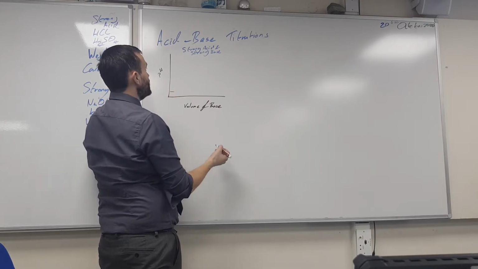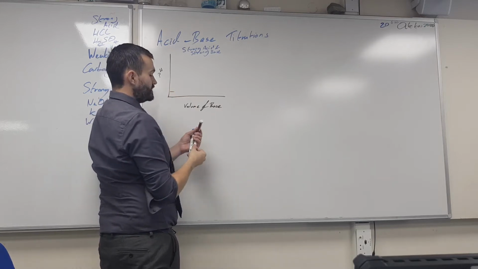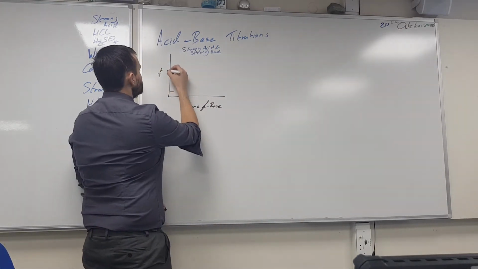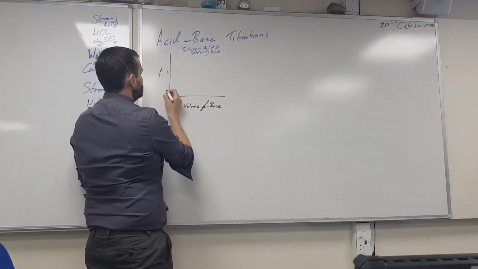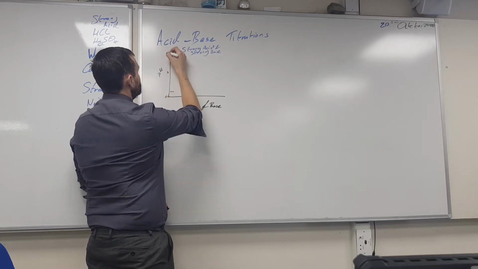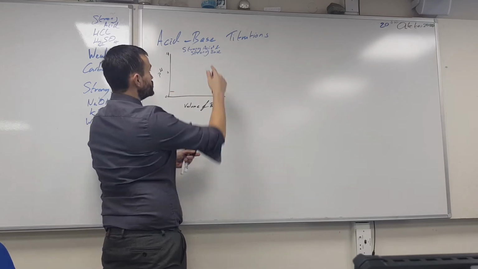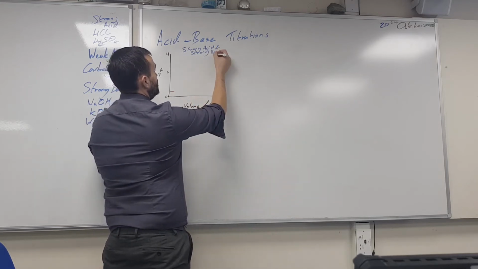And because it's a strong base, our pH is going to go from about 7 there. So this is 0, this is 14. So our strong acid starts here, and our strong base is going to end up here.